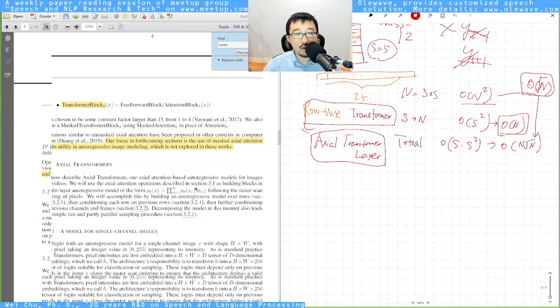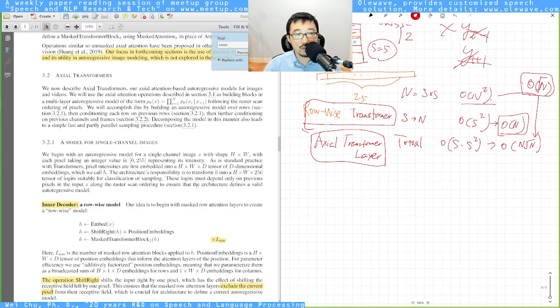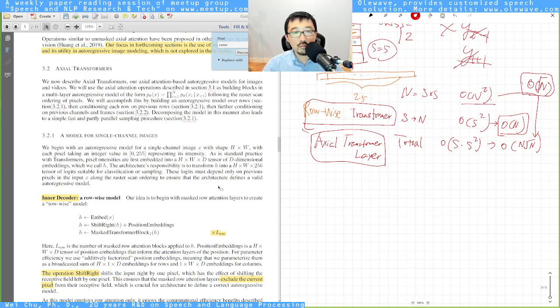Now we're looking at the axial transformer. Before we start, they first talk about the row-wise model we just mentioned. They're trying to stack up the axial transformer layers. Firstly, you get the inner decoder. How is it done?